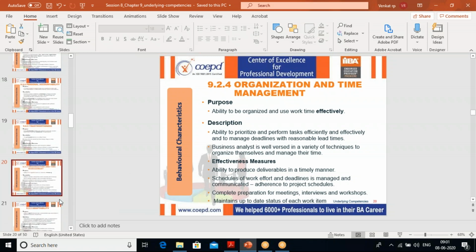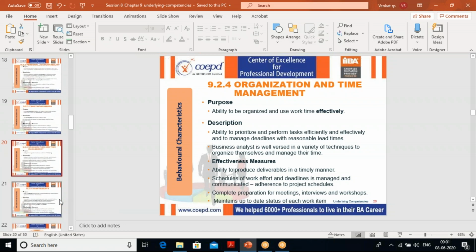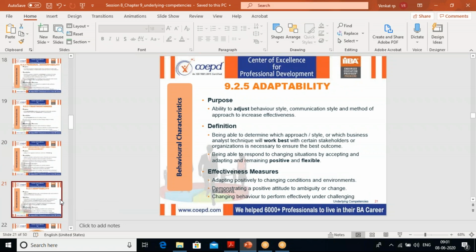Okay, and then it comes to adaptability. Adaptability means that in a given environment we should adapt ourselves and take it forward.